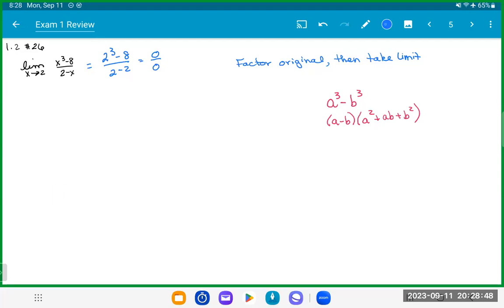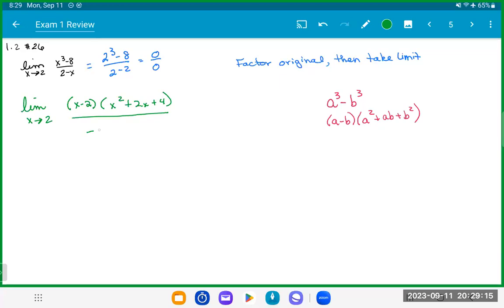Okay. So when we factor our original, we end up with the limit as x approaches 2 of x minus 2 times x squared plus 2x plus 4 over, and we can rewrite the denominator with a negative.